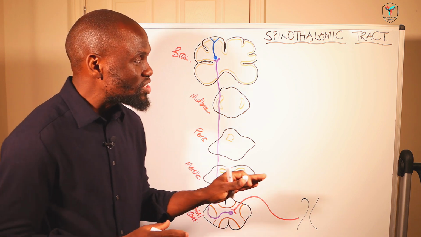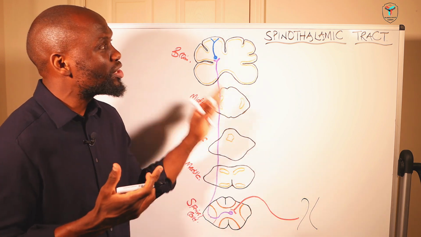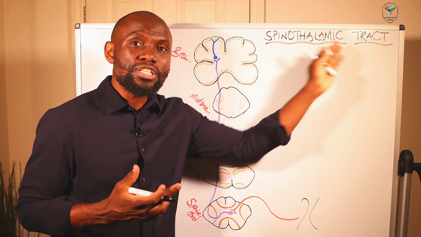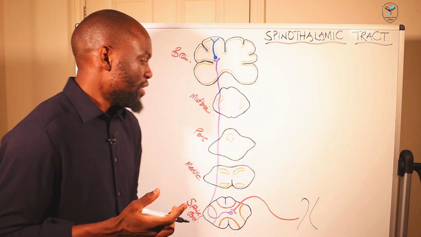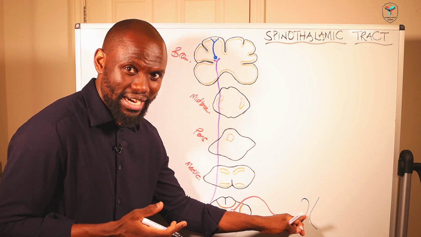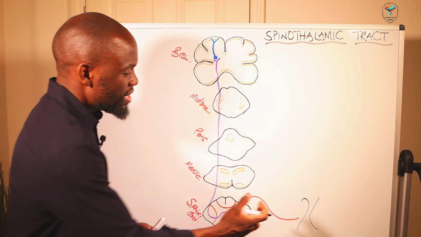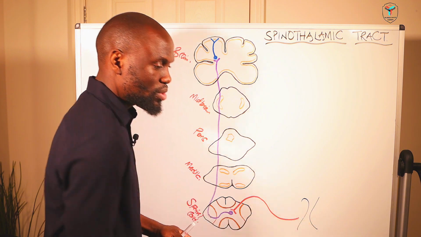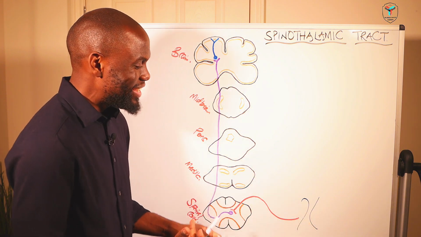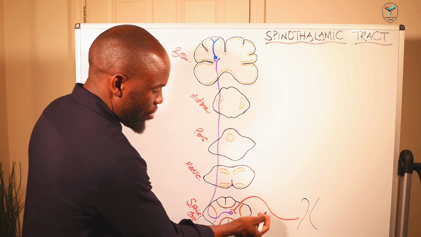Now, that pain is going to be transmitted and interpreted by the brain because of the help of the spinothalamic tract. So when the pain has then been elicited on the hand down here, what is then going to happen is that the sensors here, which we call the nociceptors, are going to stimulate the first order neurons.